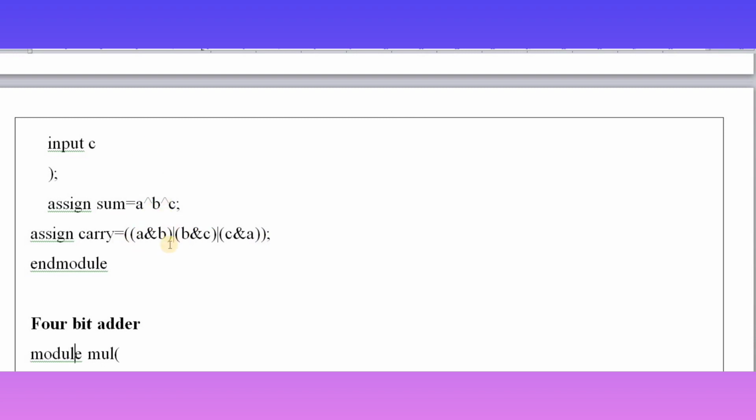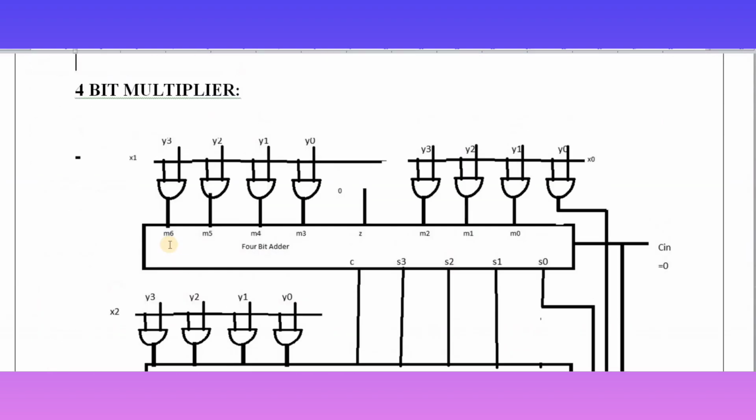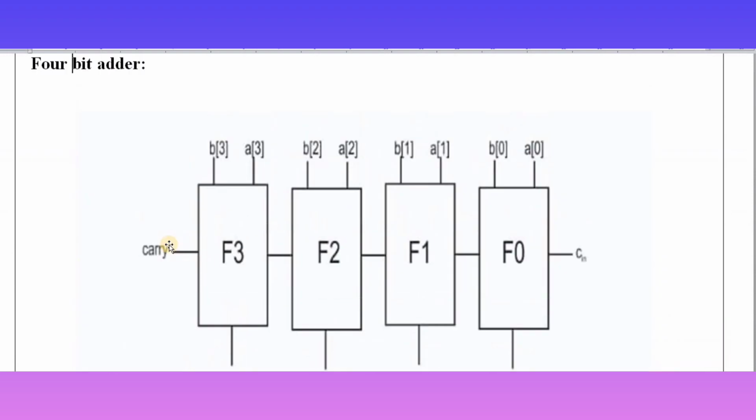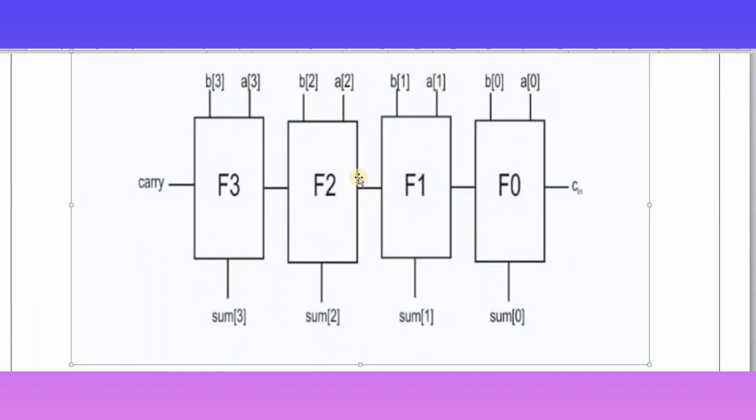From the full adder you have to draw the 4-bit adder. In this diagram, F0 is nothing but our full adder, and you have four full adders in total. In order to write the 4-bit adder, you have to write the program with the help of this diagram only.